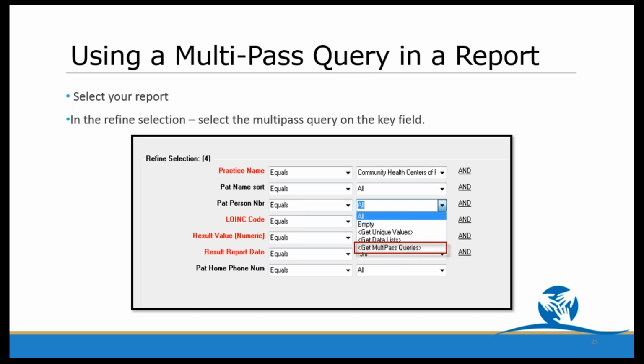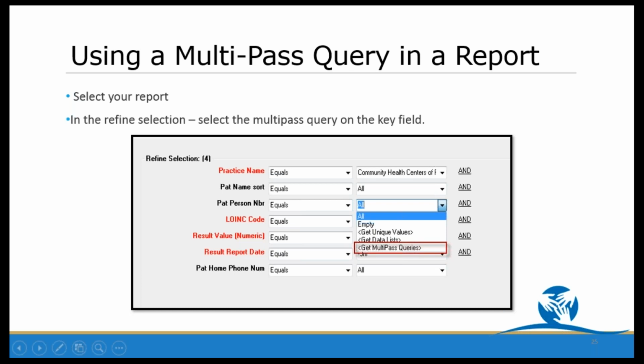Now the fun part is using the Multipath Query in a report. So now I've brought up my report that I want to use this in. Okay, so I filled out all of my refinements, what I'm actually looking for, and then on my person number, my patient person number, that's the field we clicked on that lab result.